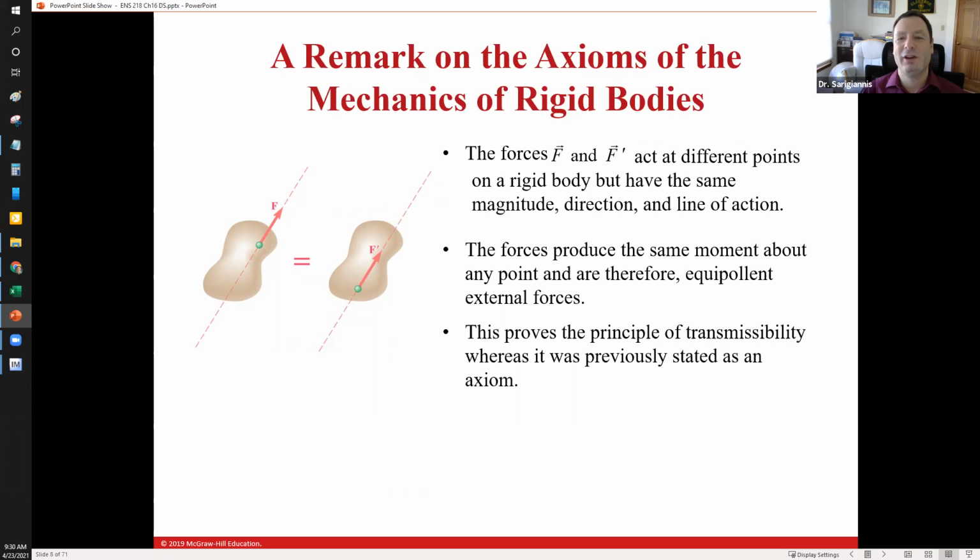This is basically telling you, remember that axiom we learned way back, that a force acting along its line of action, these two forces are basically the same, right? As long as it's along the same line of action. This is saying that the concepts in this chapter basically prove the principle of transmissibility, right?